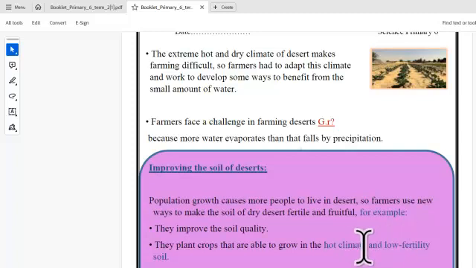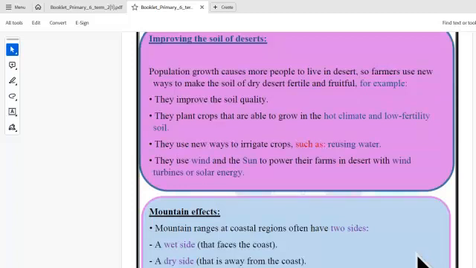For example, they improve the soil quality, they plant crops that are able to grow in the hot climate and low fertilized soil. They use new ways to irrigate crops such as raising water. They use wind and the sun to power their farms in the desert with wind turbines or solar energy.